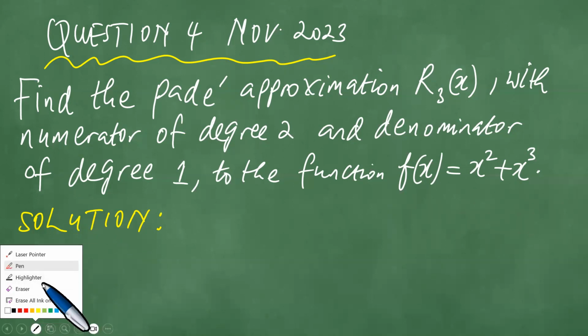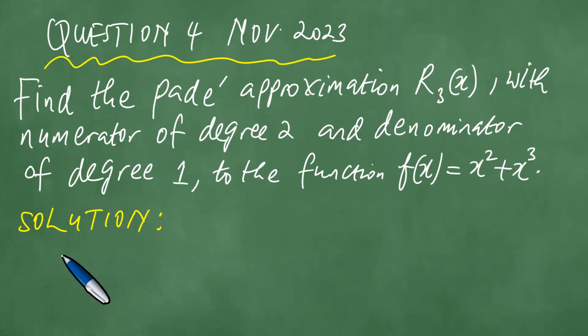All right, thanks. All right, so now we continue with this Pade approximation, and also we look at how this problem can be done. Obviously, this one is not a very difficult question, but it's also not very lengthy. It's quite short.